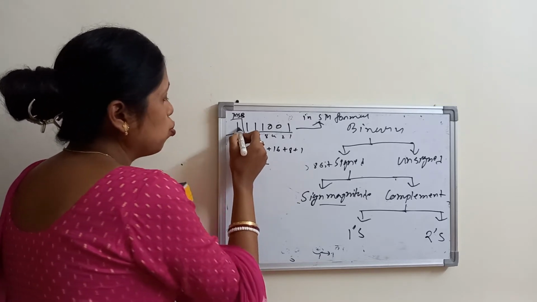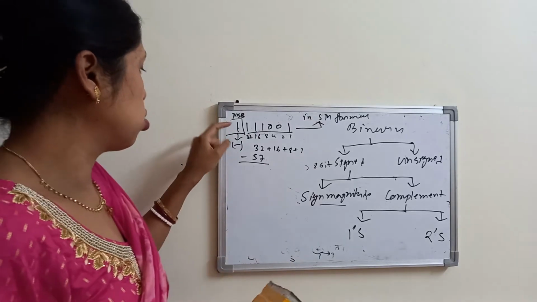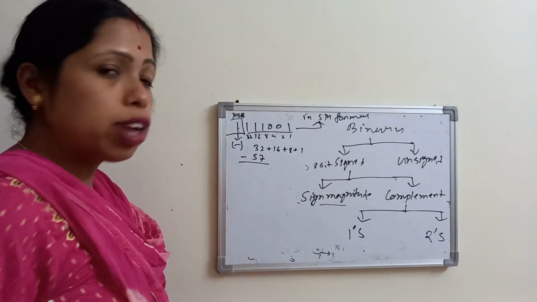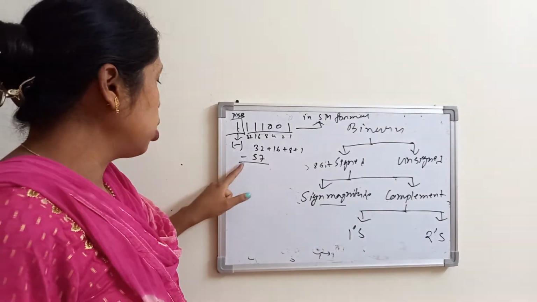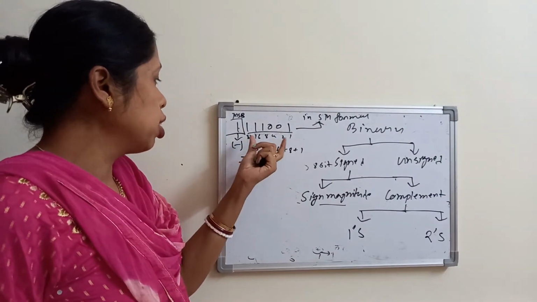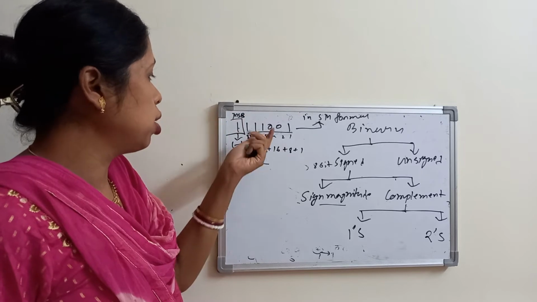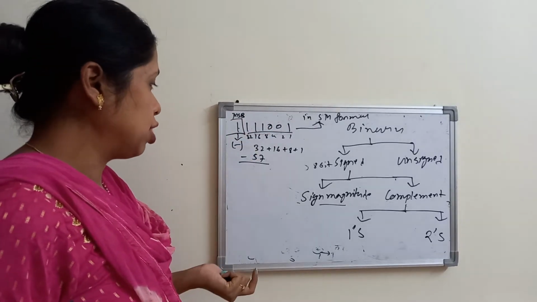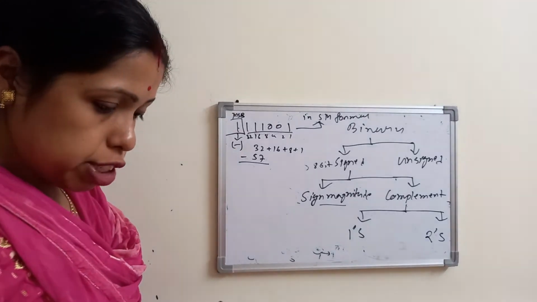The MSB decides the sign of the number, right? If the MSB is 1, that is a negative number. For getting the magnitude, I have to remove the MSB and convert the rest of the number into the magnitude, giving minus 57.